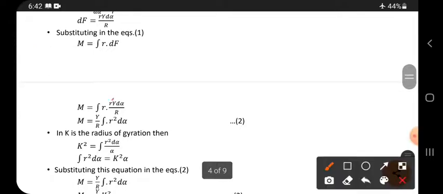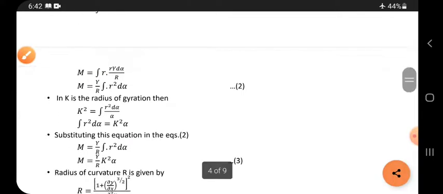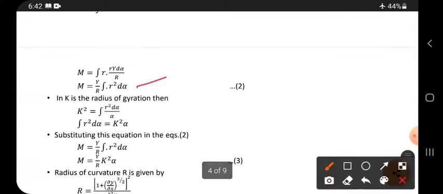Substituted, then r into r square we get, and the remaining are constants. Keep d alpha on this side only.